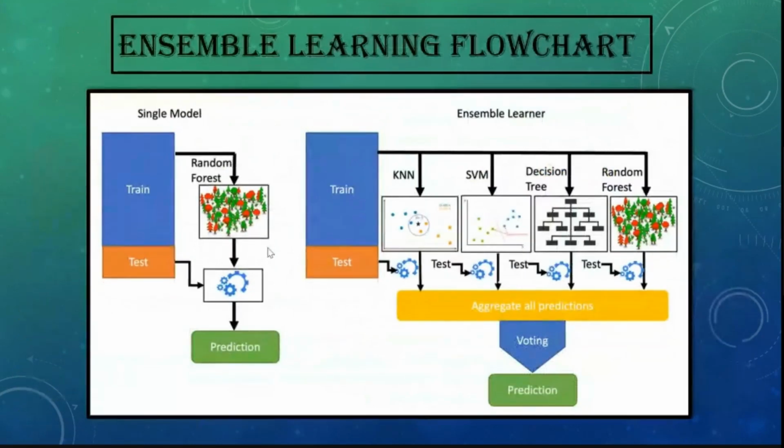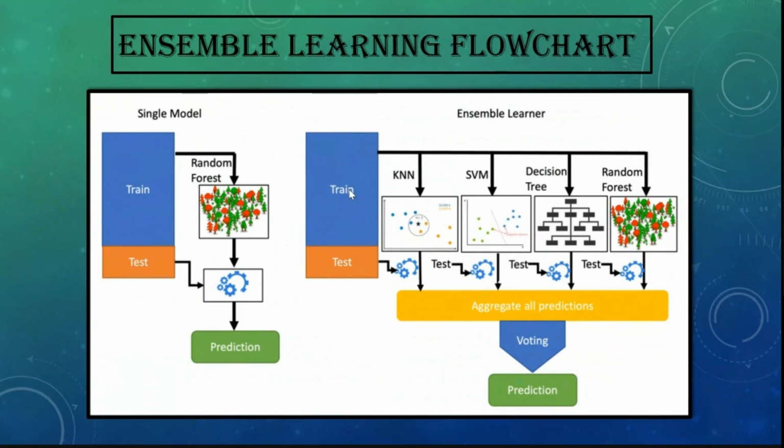To understand the concept of ensemble learning better, here I have put in a simple flowchart. In ensemble learning, we have training and testing data. We train the data on different models, say KNN, SVM, decision tree, and random forest.